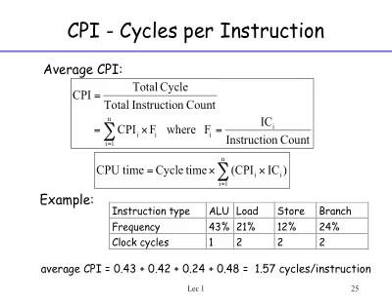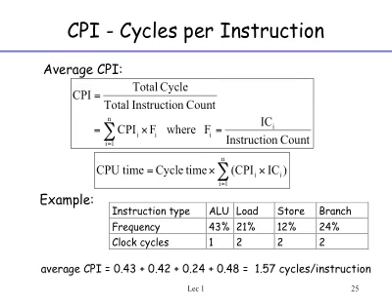Because each type of instruction takes a different number of cycles, the way we calculate the average CPI is by taking the CPI of a particular type of instruction multiplied by the fraction of that type. Then we sum these numbers.